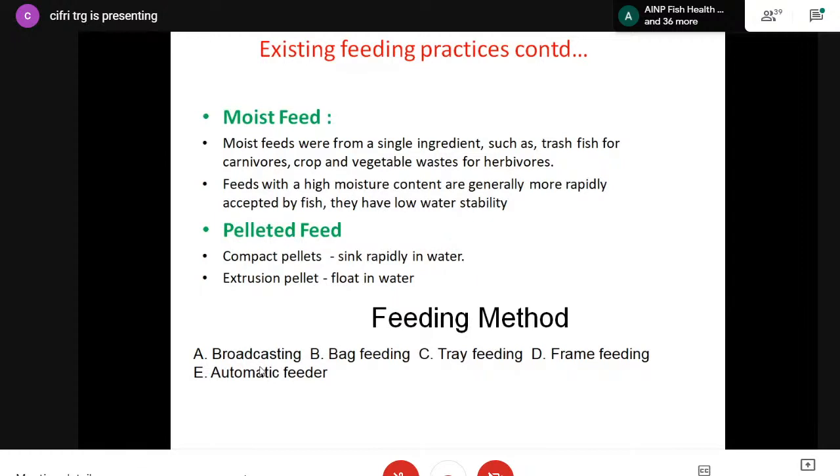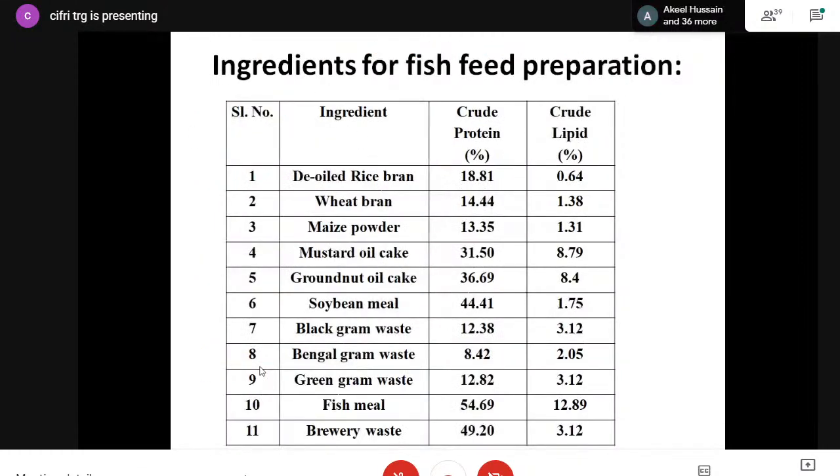These are the basic things we should keep in mind. And when the feed is formulated, we take help of raw materials. Some are agricultural byproducts, some are industrial byproducts, some are fish industry bycatch, and some are animal industry byproducts. These are the commonly used ingredients.